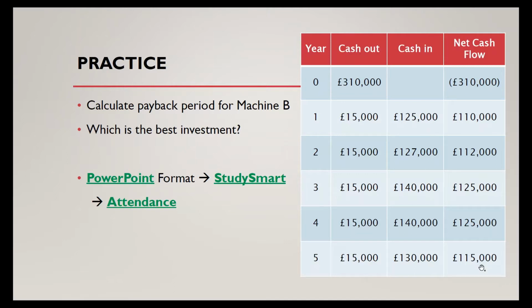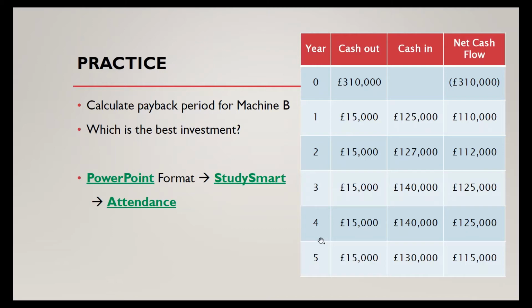In this example, we assume that for this project, the initial investment is going to be £310,000. Each year, it will cost £15,000 to repair the machine. Year 1 to year 5, we receive around £120,000 to £140,000 for each year.